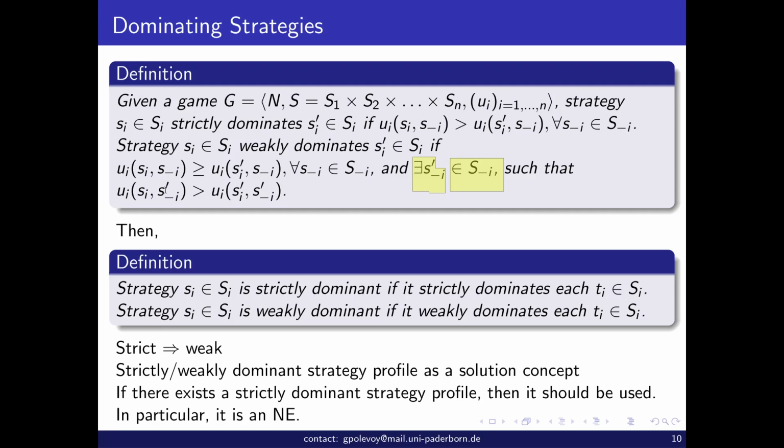And then we can say that if you have a strategy profile such that every strategy is strictly dominant, that also is what we call a strictly dominant solution. So it's a strictly dominant profile. And if every strategy is weakly dominant, we call it a weakly dominant profile.